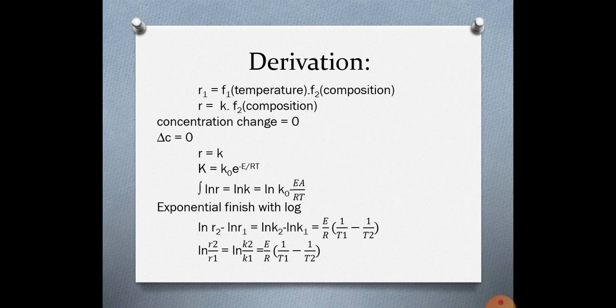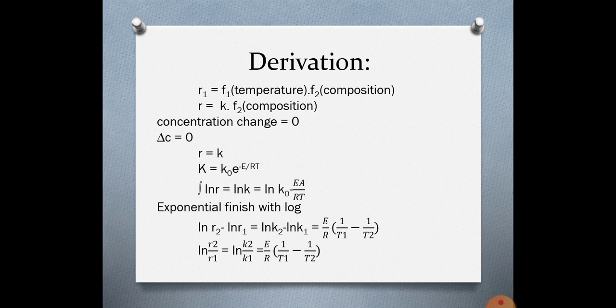Derivation: let's check how this equation is formed. r is a function of temperature and composition. At constant concentration, dC will be equal to 0, because from time t0 to t1 there is no change in the concentration.